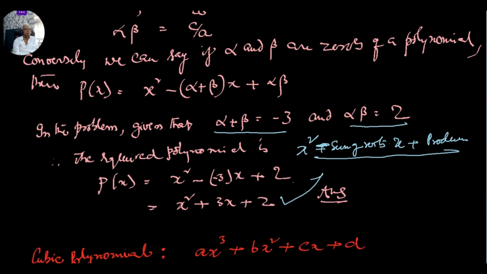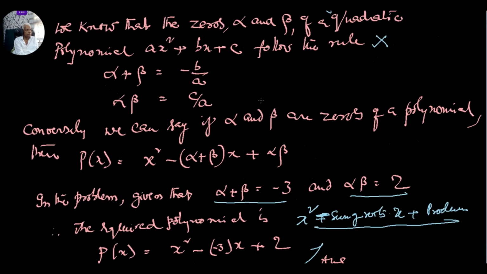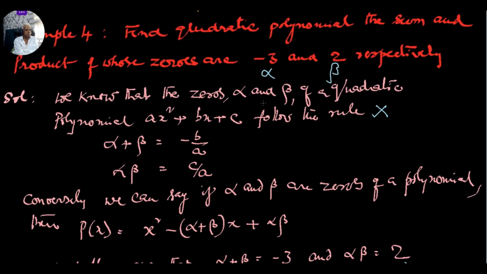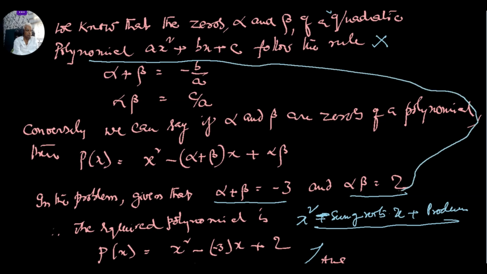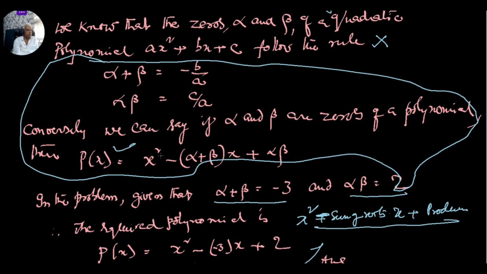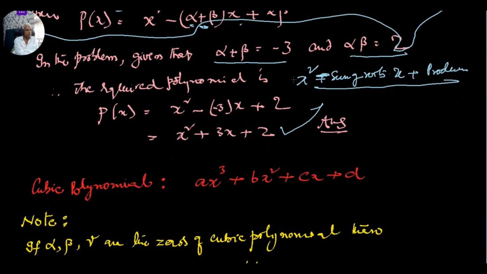This is the answer. Here something I have written. Just read and leave it up to here. p(x) is x square minus alpha plus beta times x plus alpha beta. That is the algorithm we use here.